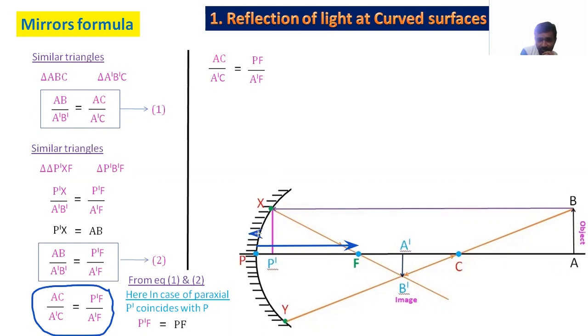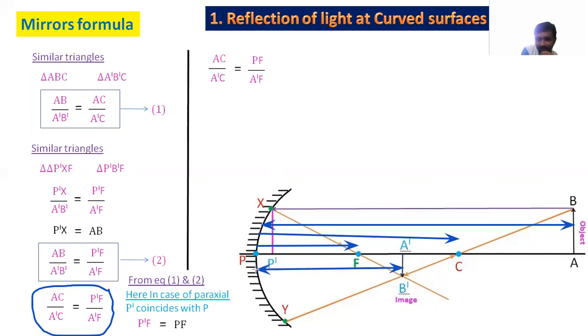If I measure the length between P to C, radius of curvature. Very good. Then I am measuring the length between pole to the object. What distance can we call it? Object distance. Very good. Pole to the image, image distance.